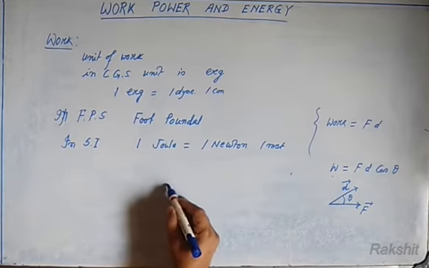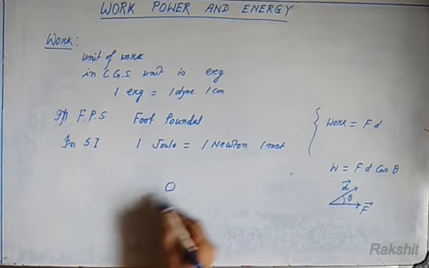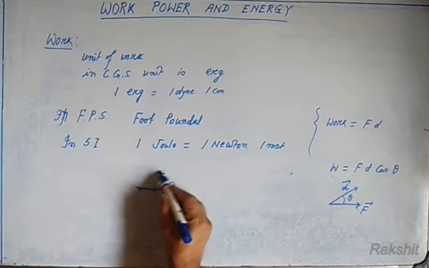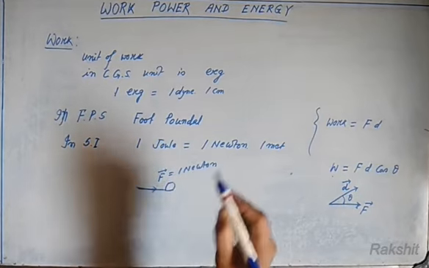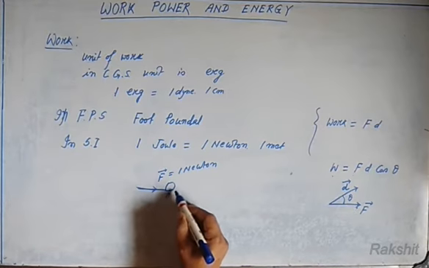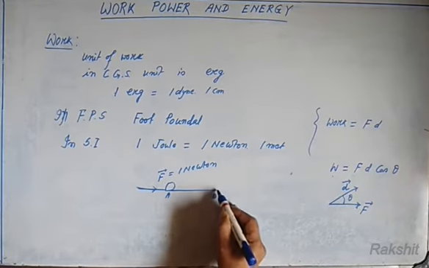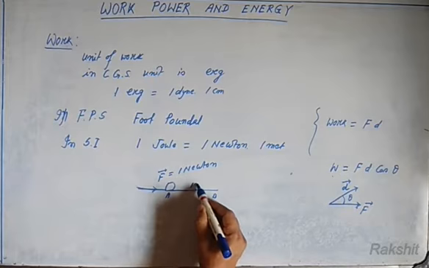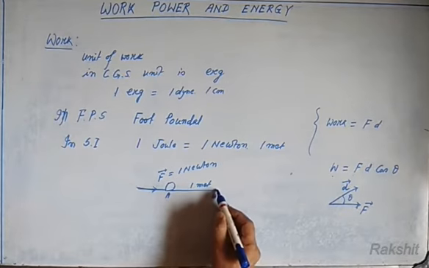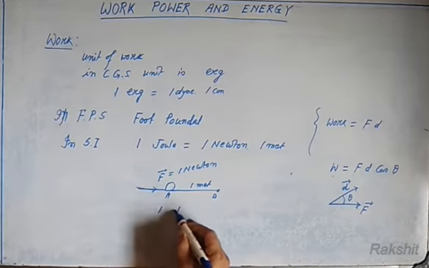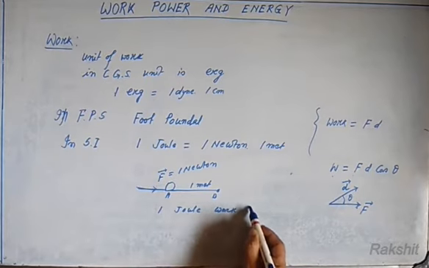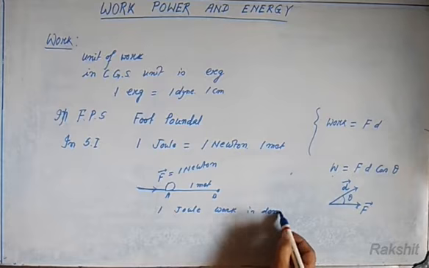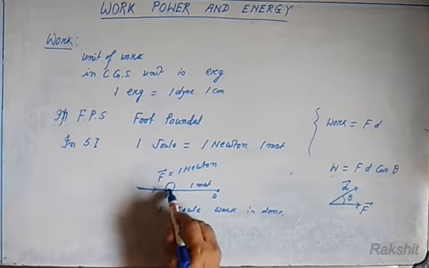Suppose a body is acted upon by a force F equal to 1 Newton, and under the action of this force the body moves from A to B, and this distance is equal to 1 meter. Then we can say 1 joule of work is done in this particular case.